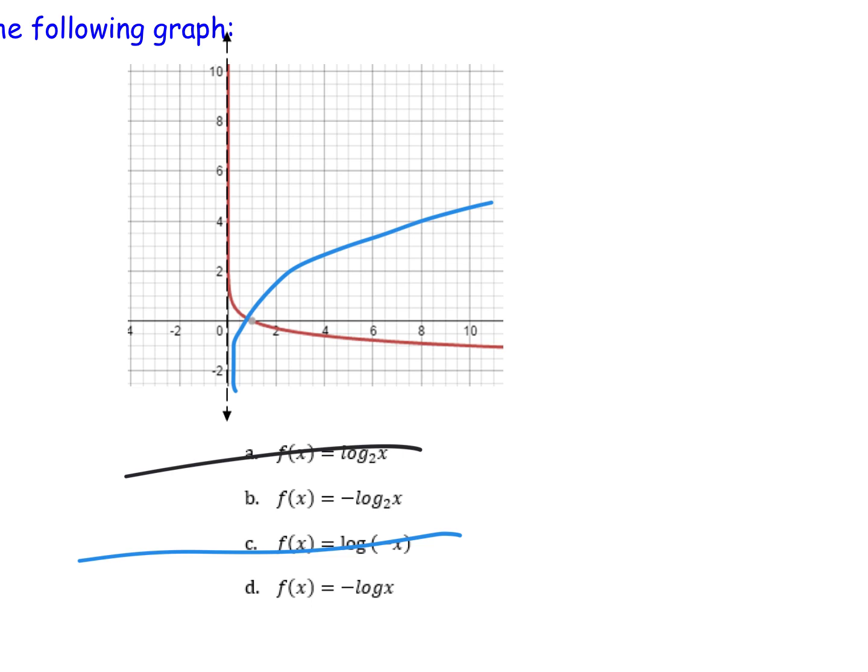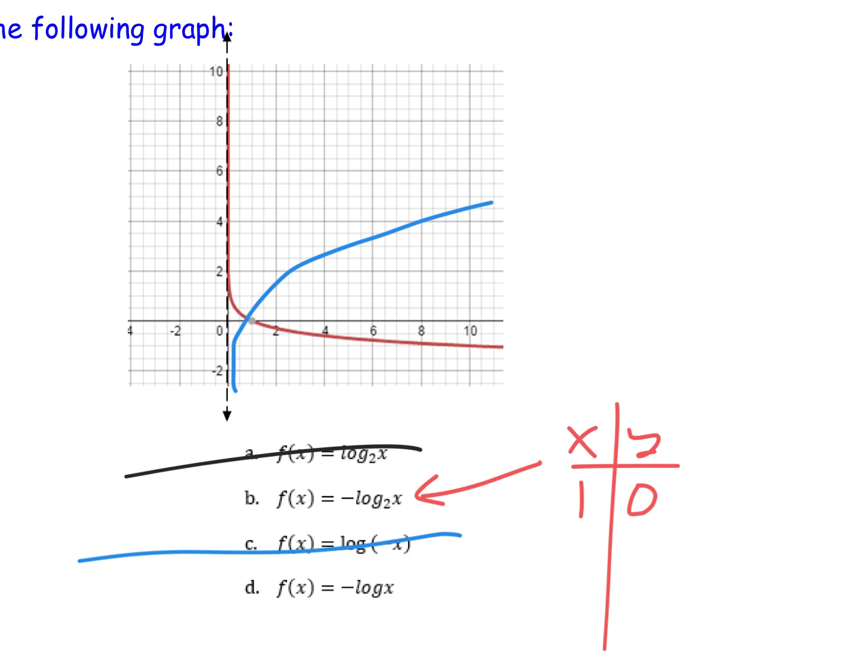Imagine it's the test. How would you pick between B and D? With points, yes. So if you knew that you thought it's this, then you'd be able to make your little chart and go, where's the asymptote? Well, the asymptote's at 0, and that's the same for both of them, so that doesn't really help. What's another point I could pick? Well, if I stuck in 1, I won the argument, and I get 0. Do these both go through 1?